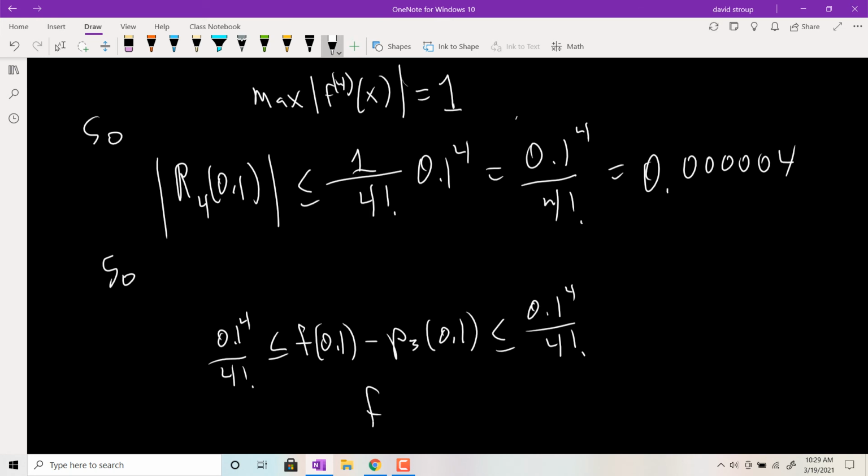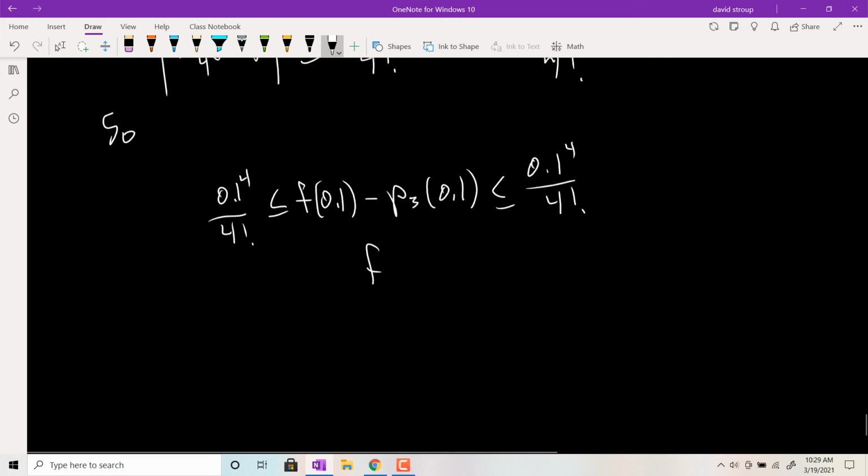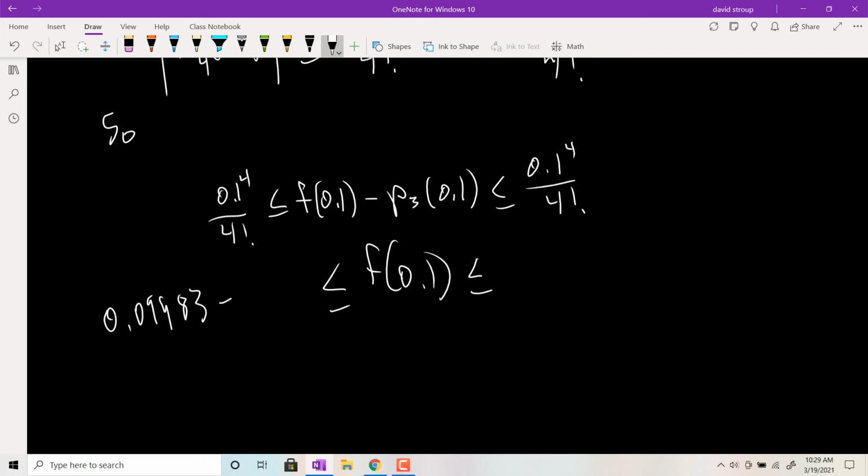And then you can just add p sub 3 of 0.1 to both sides, and you'll note that sine of 0.1 will be in between those two values. Okay, so basically 0.09983 minus the 0.1 to the fourth over 4 factorial, which was 0.235.